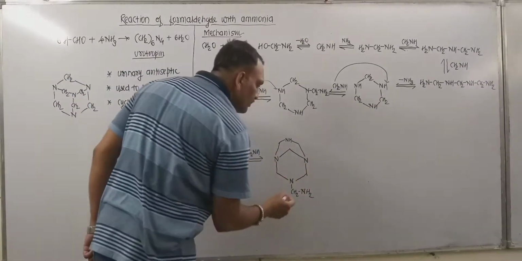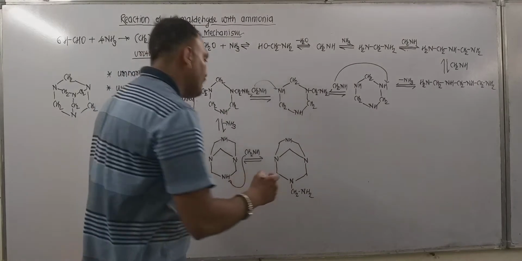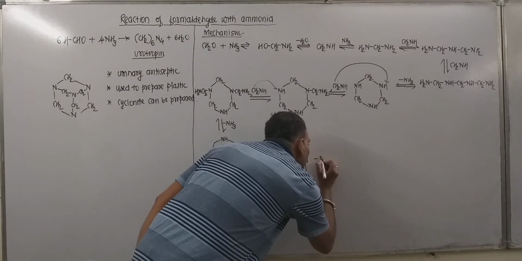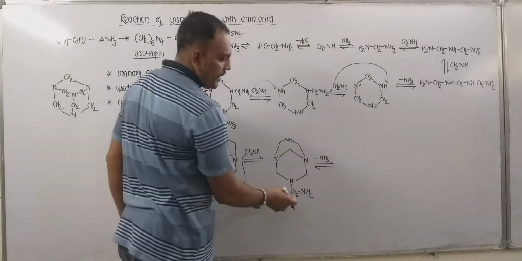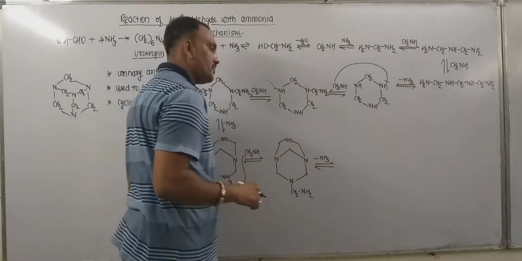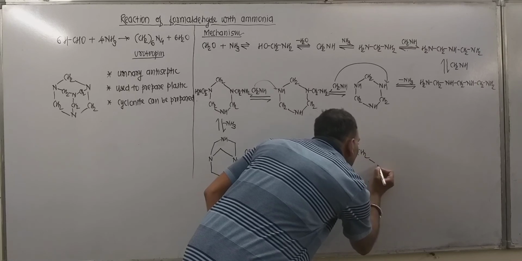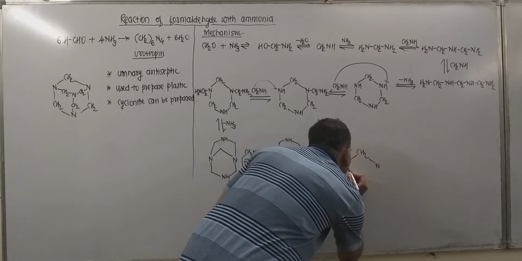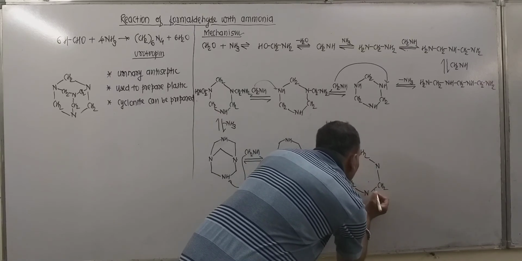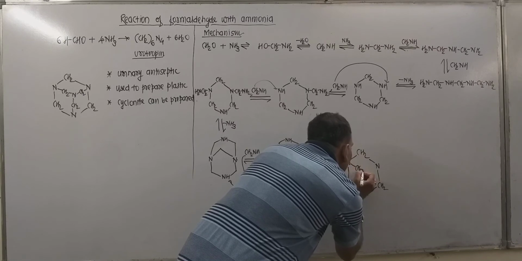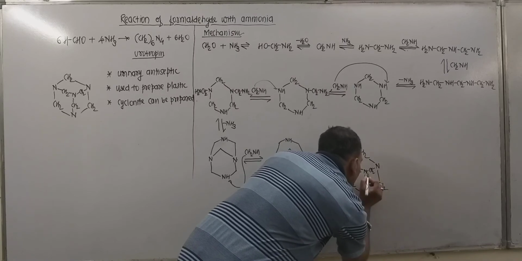Now again NH2 from right here and hydrogen from here get eliminated in the form of ammonia. So remember, there is a departure of ammonia, and the departure of ammonia leads to the connection between this carbon and this nitrogen, and that leads to the formation of our product, what we call hexamethylene tetramine, that is urotropin.